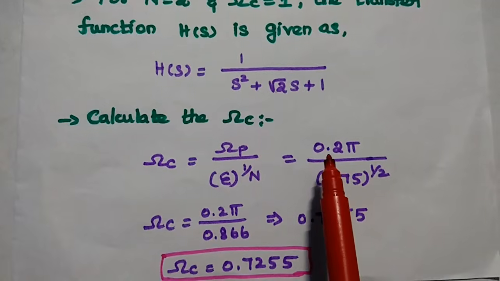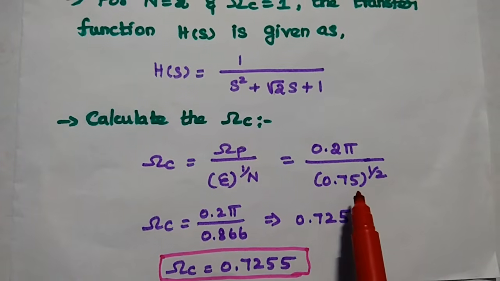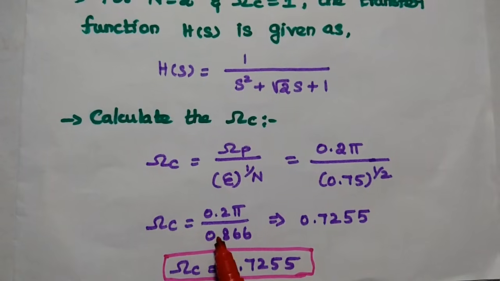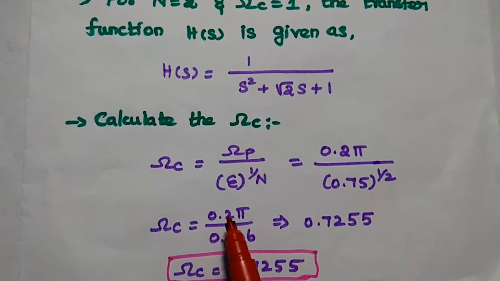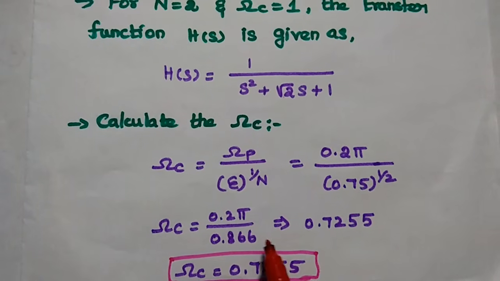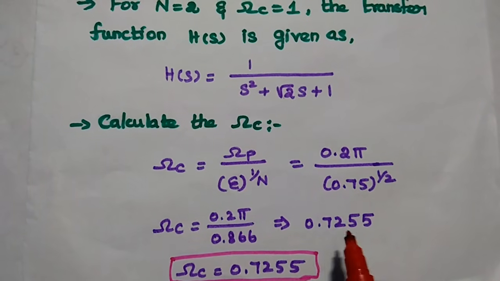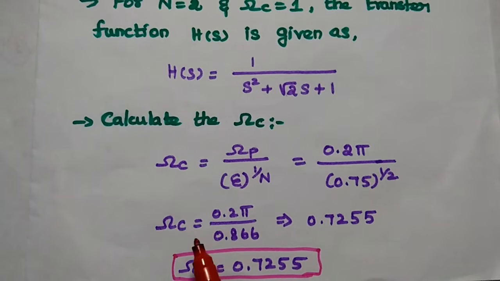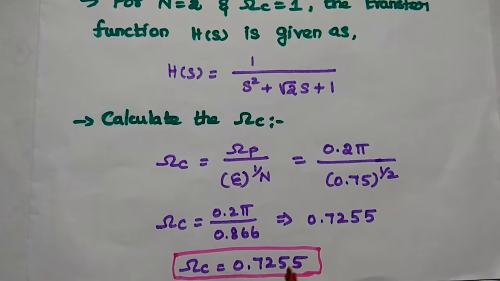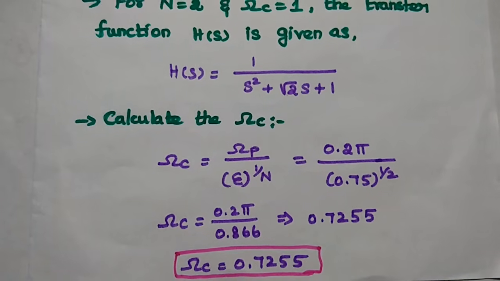Substitute all those values here. So 0.2 pi divided by 0.75 the whole power 1 by 2. So this value is 0.866. So the ratio of 0.2 pi divided by 0.866 is equal to 0.7255. Hence the cutoff frequency for the given analog Butterworth filter is 0.7255.